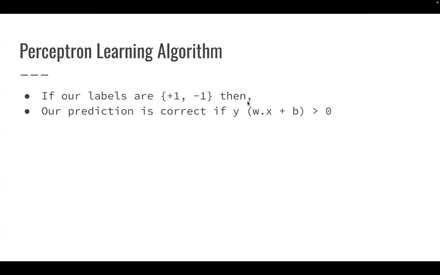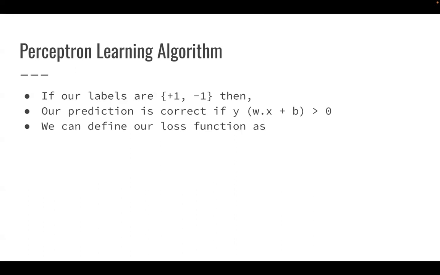Now if y belongs to class -1, and we also predict that it belongs to class -1, that means wx plus b is less than 0. So negative times negative will be greater than 0. So in general, if y times wx plus b is greater than 0, then our prediction is correct. If it's less than 0, then our prediction is false, right?